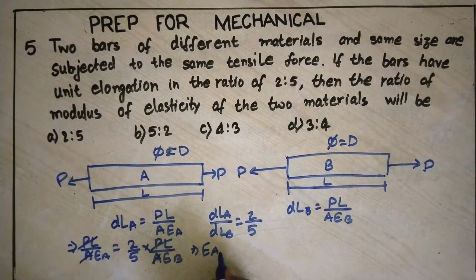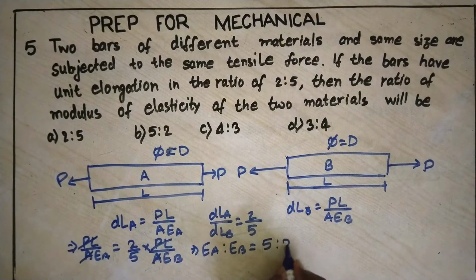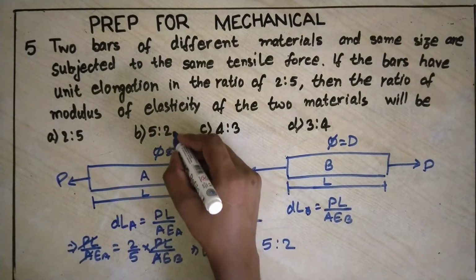So E A divided by E B will be equal to 5:2. So the correct option is 5:2.